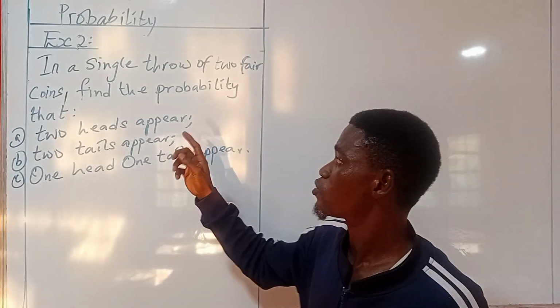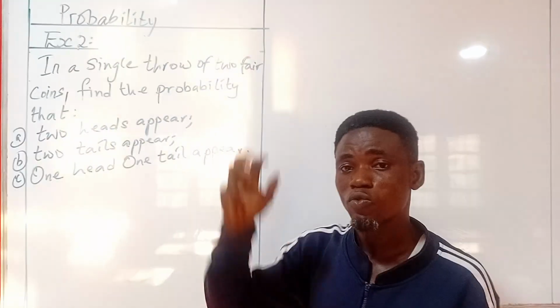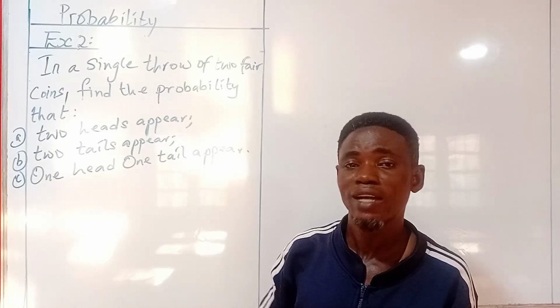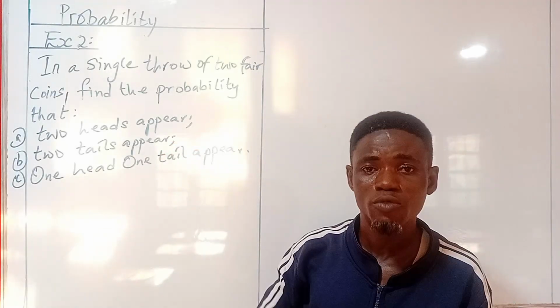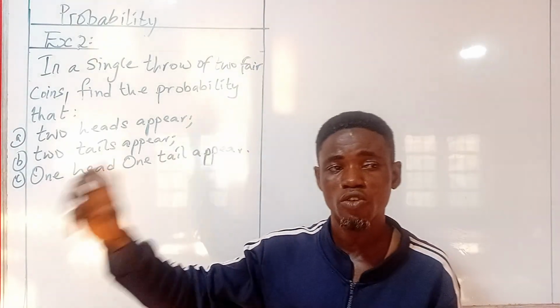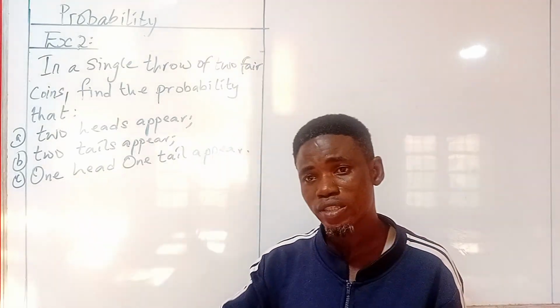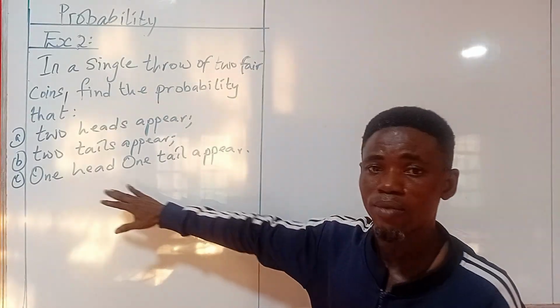Now we have to find the probability that 2 heads appear. That is, when we cast it, we discover that 2 heads appear, or 2 tails appear, or 1 tail and 1 head, and 1 head and 1 tail. So we are asked to find the probability of this.